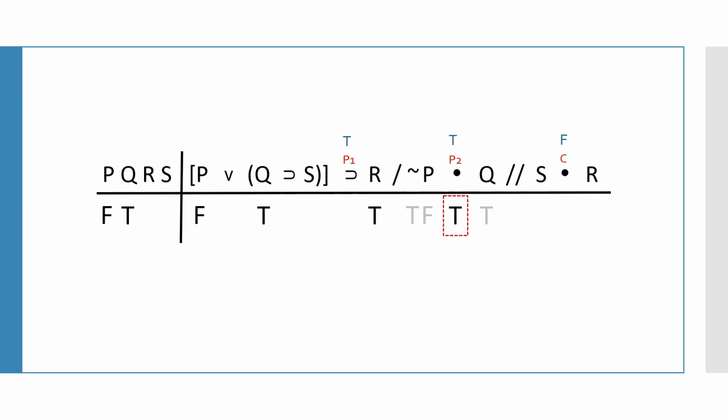But notice if we can make that true, then we can run through the rest of this. Now notice we know R has to be true, so let's assign the truth value to R in the conclusion, and then also assign it on the left-hand side so we know that R is dealt with.